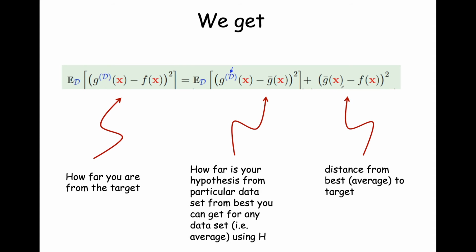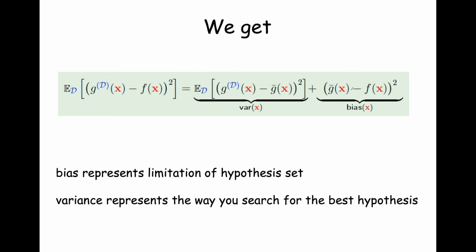The second term is the distance between the best hypothesis you can have, the average hypothesis, and the unknown target function. And so this first term is called the variance, and this variance represents the way you search for the best hypothesis.